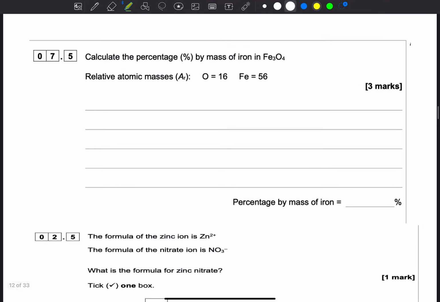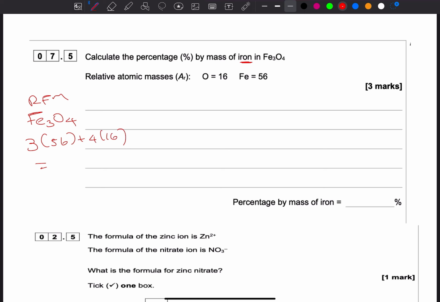The percentage of mass of iron in Fe3O4, how much iron is in there. Okay, so first the relative formula mass, RFM, of Fe3O4. 3 iron, 3 times 56, plus 4 oxygen, 4 times 16. How much is that? 232.